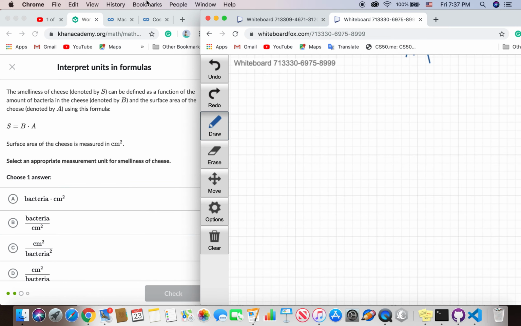So we have a formula that's called S equals B multiplied by A. Alright, and then we are going to select a proper unit. So the smelliness of cheese is defined as a function of the amount of bacteria. So B means amount of bacteria.